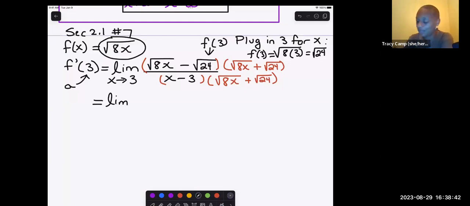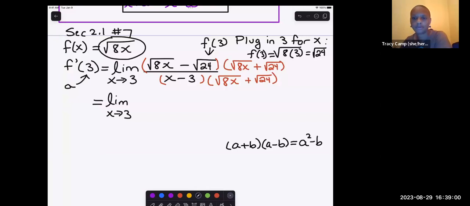Now I take the limit as x approaches 3. The nice thing about conjugates is that a plus b times a minus b gives a squared minus b squared. Another nice thing is that if I take the square root of p quantity squared, the square and the square root cancel each other out, and I just end up with p.